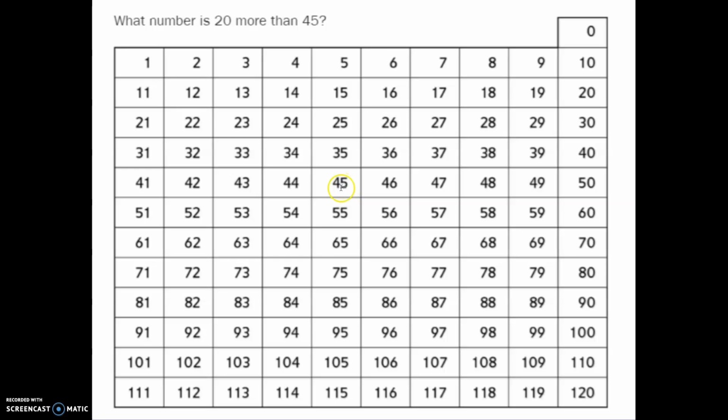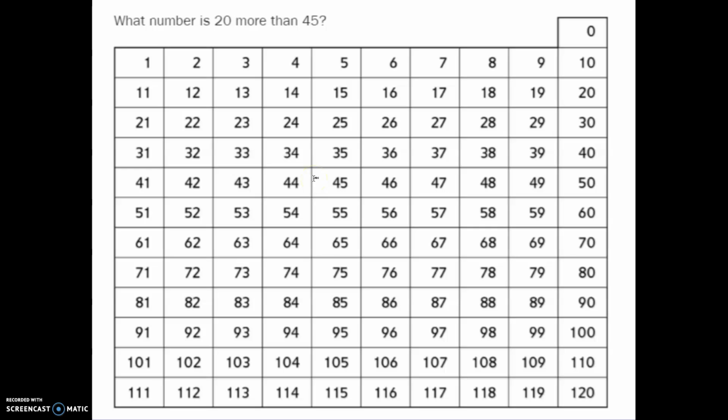What's 20 more would be 46, so that's 1, 2, 3, 4, 5, 6, 7, 8, 9, 10, 11, 12, 13, 14, 15, 16, 17, 18, 19, 20. And I would end up at 65. So 65 is 20 more than 45. That's one way to do it, is counting each number individually.